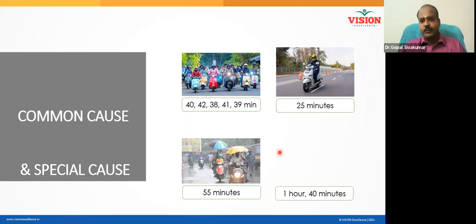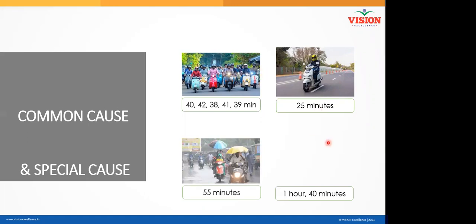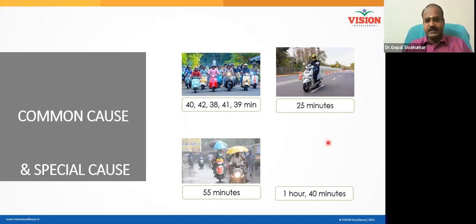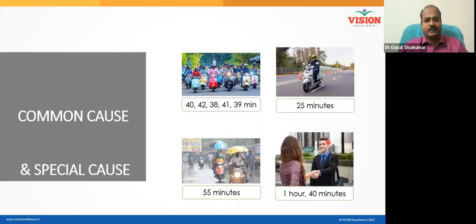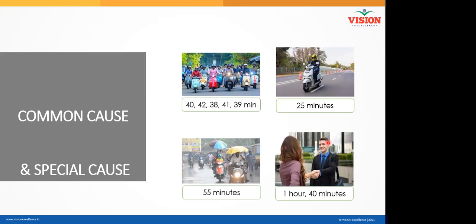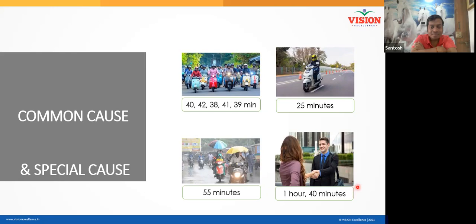Another day, you took 1 hour 40 minutes. Is it a common cause or a special cause? Special cause, sir. I'll consider this as very special because you have met your girlfriend on the way. So you decided to spend 1 hour in the coffee shop. And that's how it is, 1 hour 40 minutes.